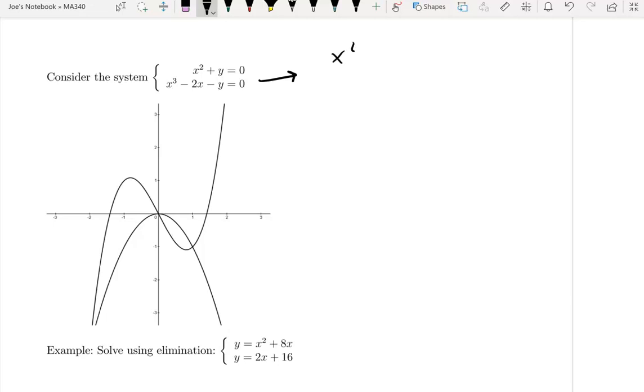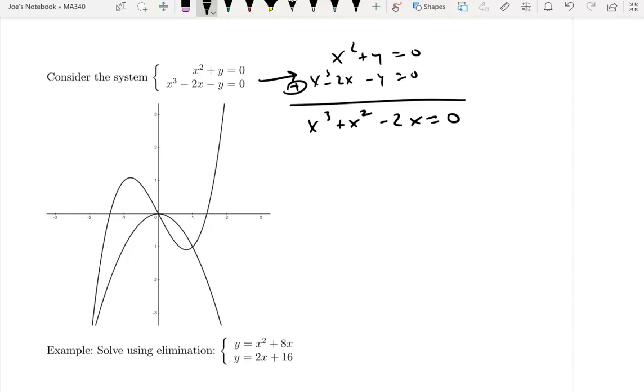So if I take the x squared plus y equals 0 and the x cubed minus 2x minus y equals 0 and add them together, we just end up with x cubed plus x squared minus 2x equals 0. The y's go away.